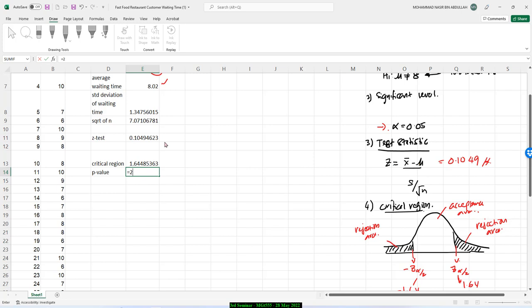So 2 multiply with 1 minus NORM.S.DIST, tutup kurungan, buka kurungan, negative z, which is negative z 11, right, and then true, kita ambil true lah, true, and tutup kurungan.